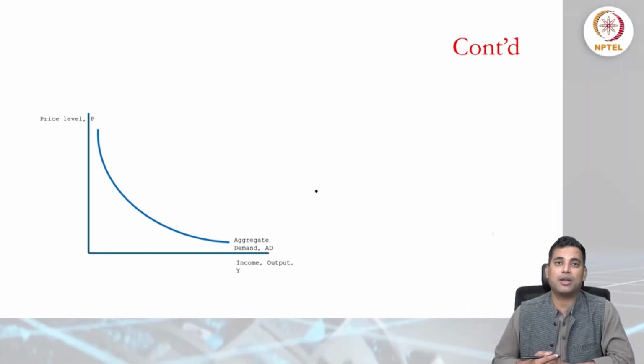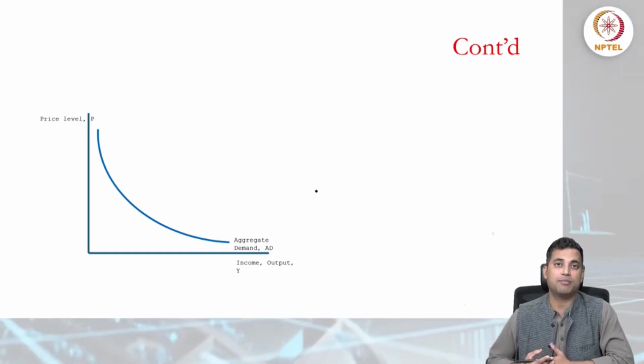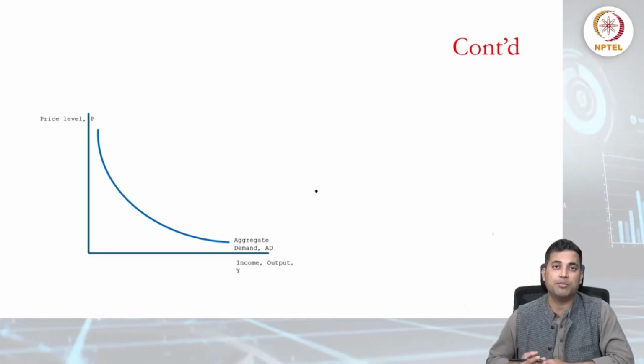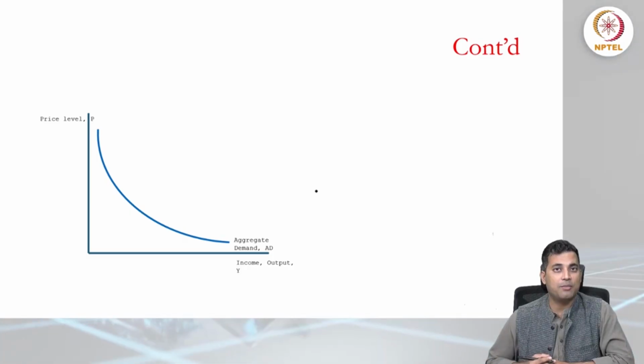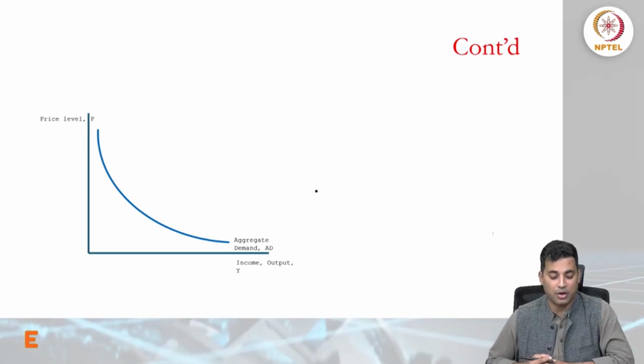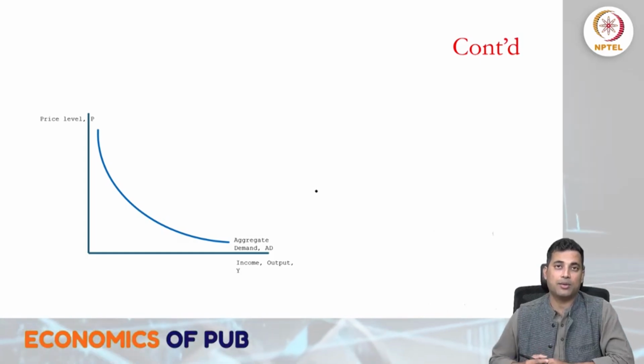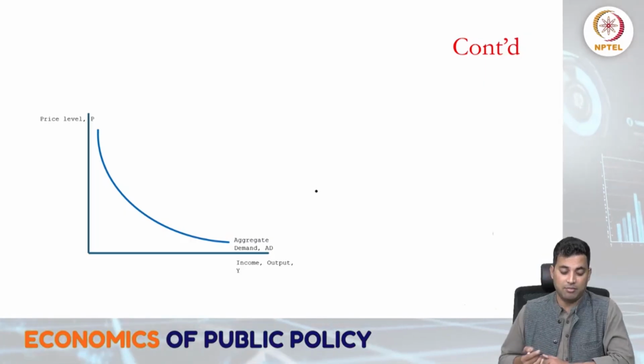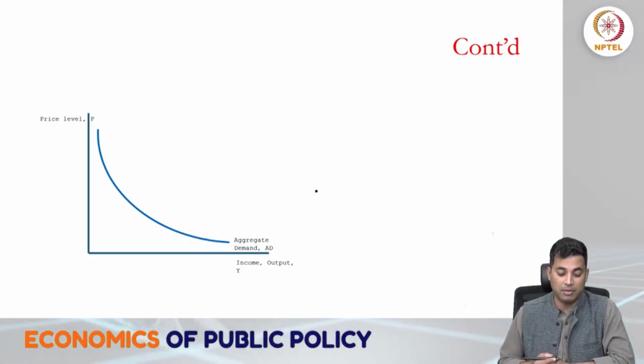Now, we already introduced what we call the grand macroeconomic equation, for both the closed economy and the open economy, in one of our earlier introductory classes in economics of public policy.